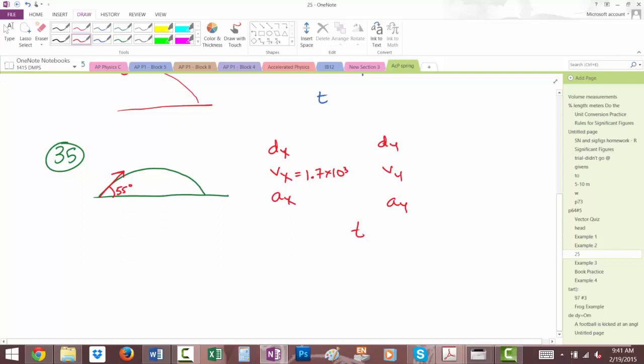Oh, no, it's the velocity, just that arrow. So this arrow is the 1.7 times 10 to the third. Does that make sense to everybody? That is the actual initial velocity. What is Vx going to be equal to? Go, Anna. Cosine of 55 times 1.7 times 10 to the third.